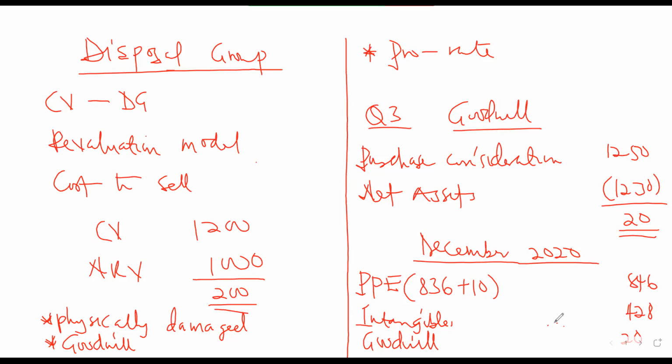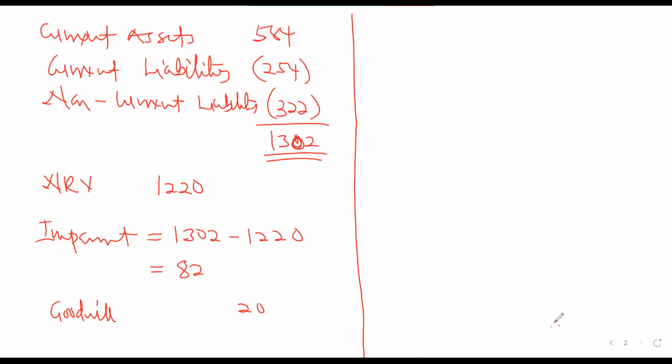PPE and intangibles, isn't it? Other intangibles. You can see that for the current asset, they have given you the recoverable amount. It means that the recoverable amount is 584. It's the same as the net realizable value. So there is no impairment.